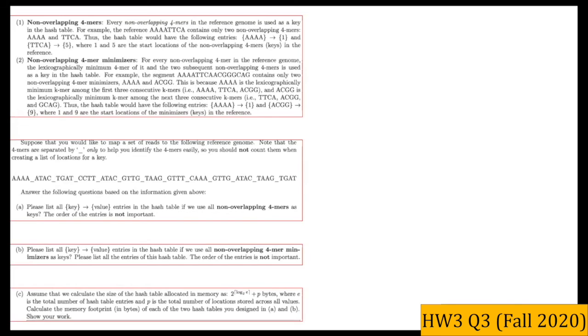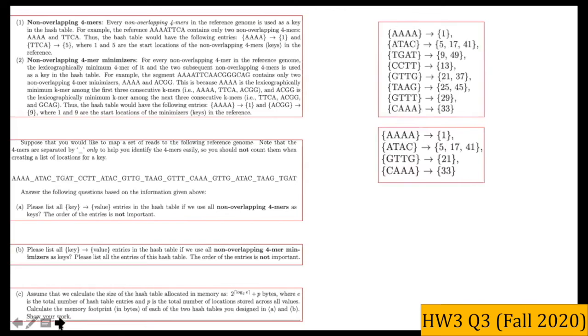Now we want to calculate the memory footprint in bytes of each of the two hash tables you design in A and B, and you need to show your work. Okay, so this is for your reference. These are the two hash tables that we already generate for A and B. Okay, and we have an equation.